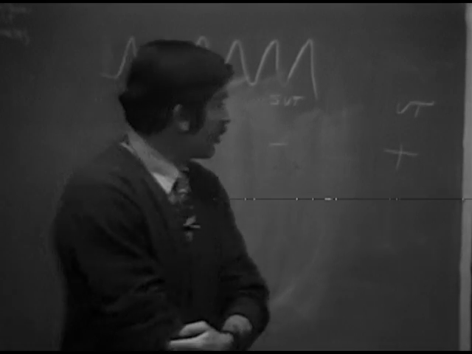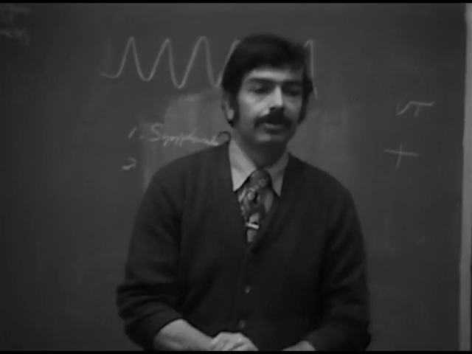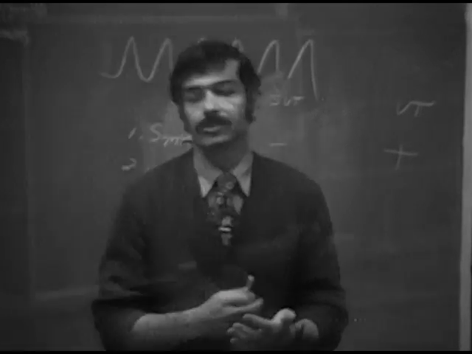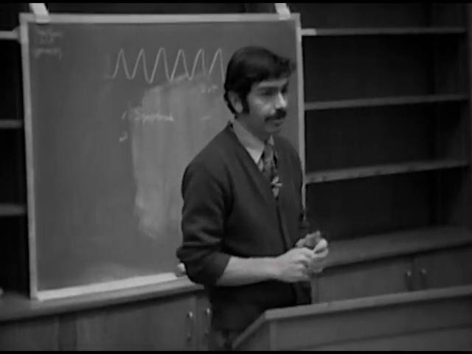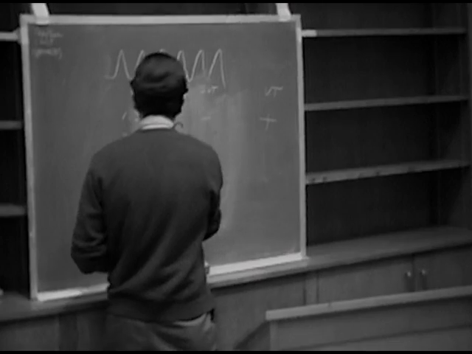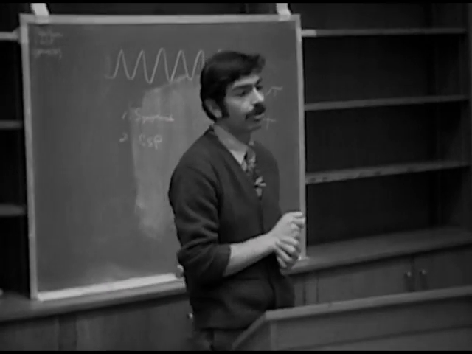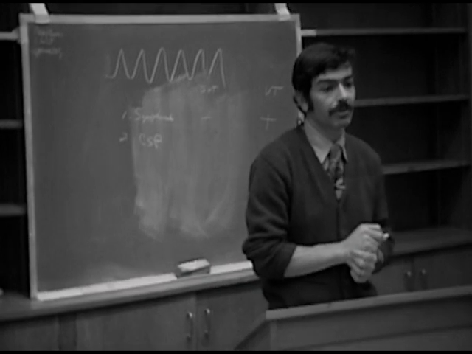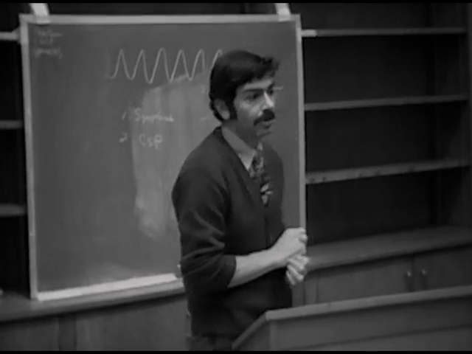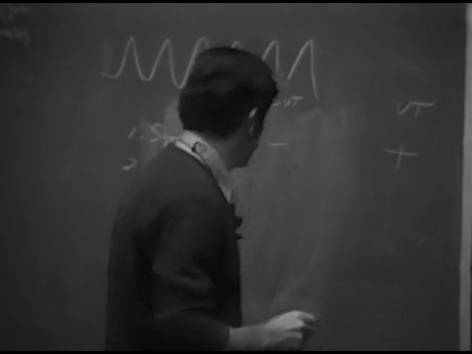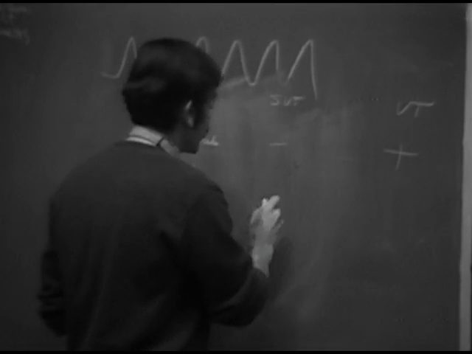Okay, another thing. What might be another thing that you could do to differentiate these two? Carotid sinus pressure, right? Carotid sinus pressure, CSP. Now, if you have a response to carotid sinus pressure, this means you're dealing with which one? If you have a transient slowing of the ventricular rate, that means you're dealing with a supraventricular tachycardia.